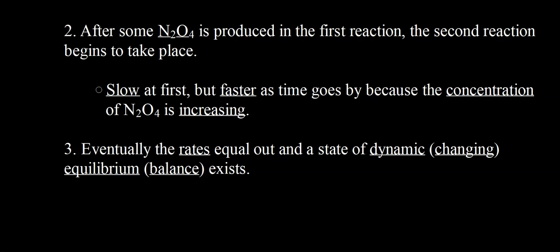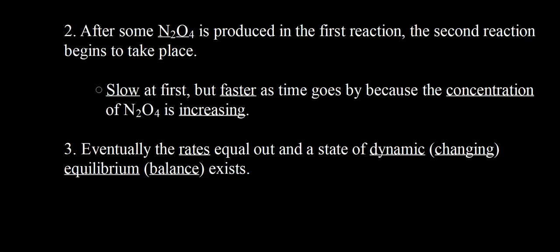That means the rate of that second reaction is going to be really low at first. But this reaction will speed up. It'll go faster as time goes by as the concentration of N2O4 increases. As the first reaction produces more and more N2O4, the concentration of N2O4 increases, and that then will increase the rate of reaction number 2.